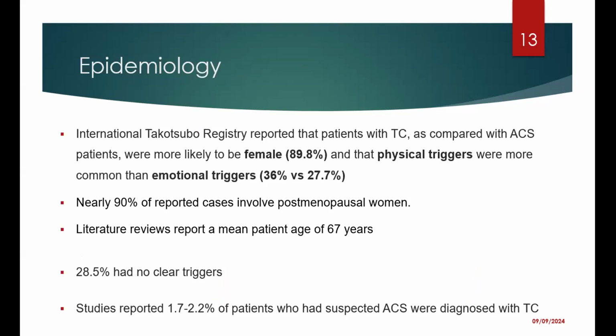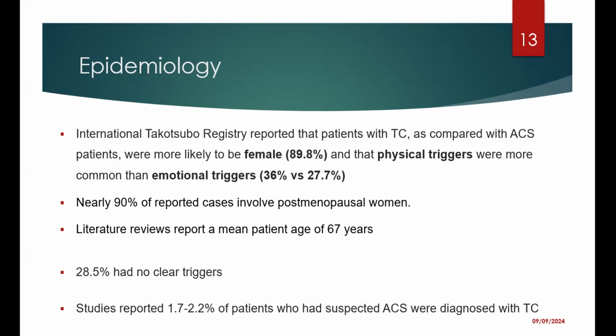With its epidemiology, the International Takotsubo Registry reported that patients with Takotsubo cardiomyopathy, as compared with acute coronary syndrome patients, were more likely to be female. Usually about 90% of patients presenting with Takotsubo are females, except in Japan, where it is mainly found in males.